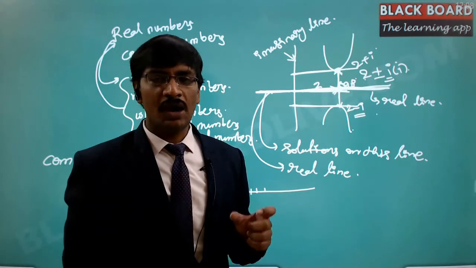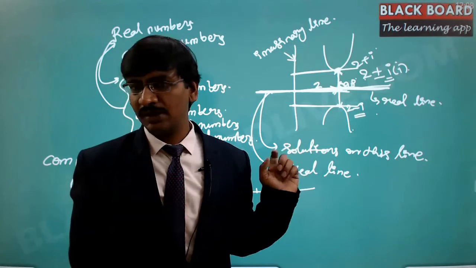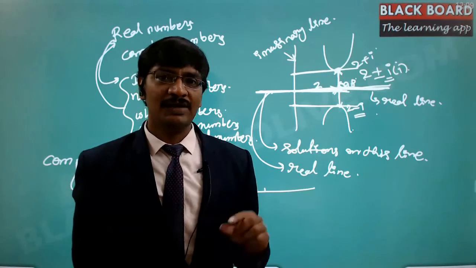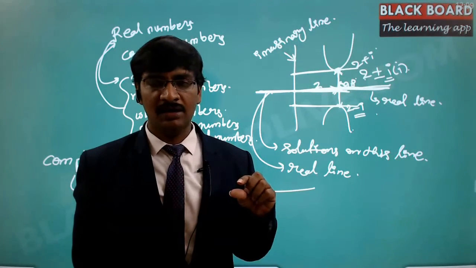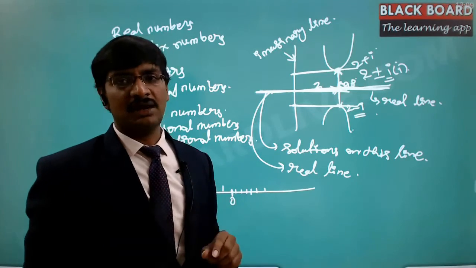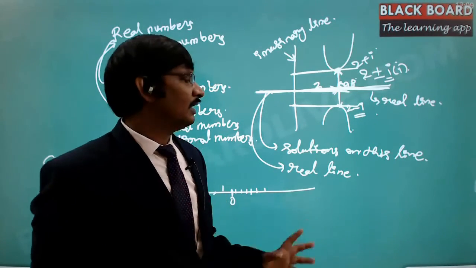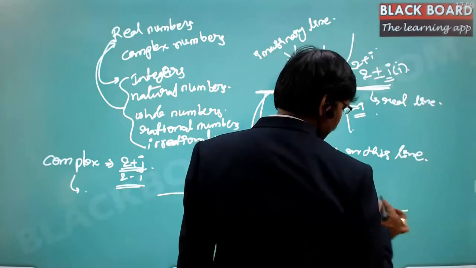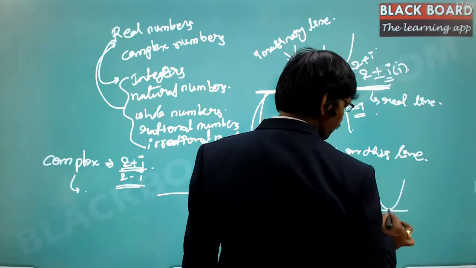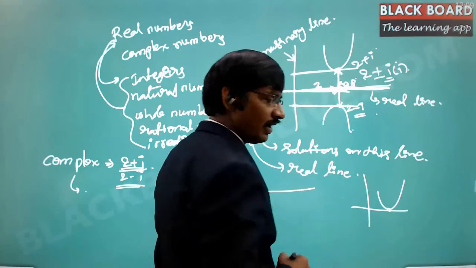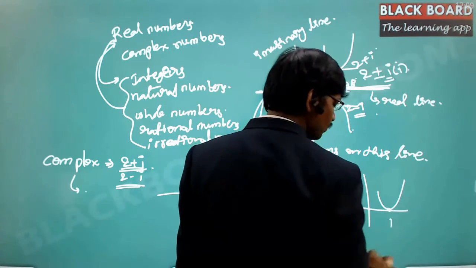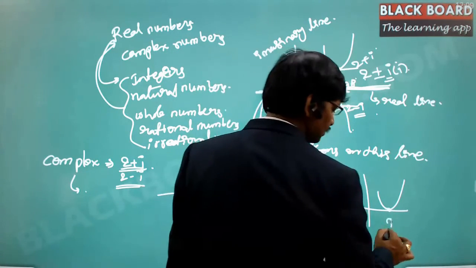Suppose you wanted to identify a single point where the parabola and the straight line intersect. In the first case, as it is straightaway touching and going, this is the point we have identified and named with just a number like 2.